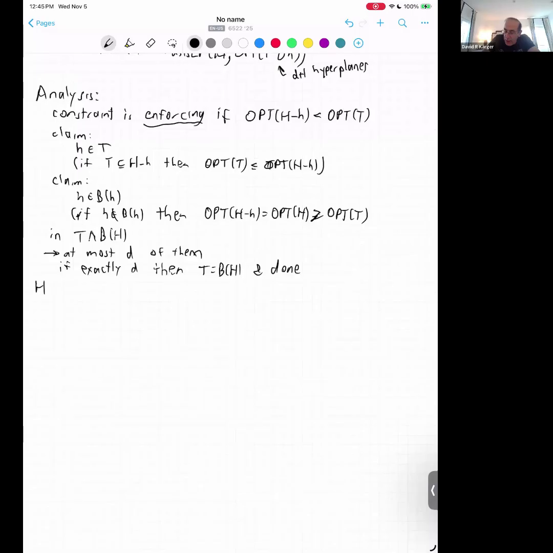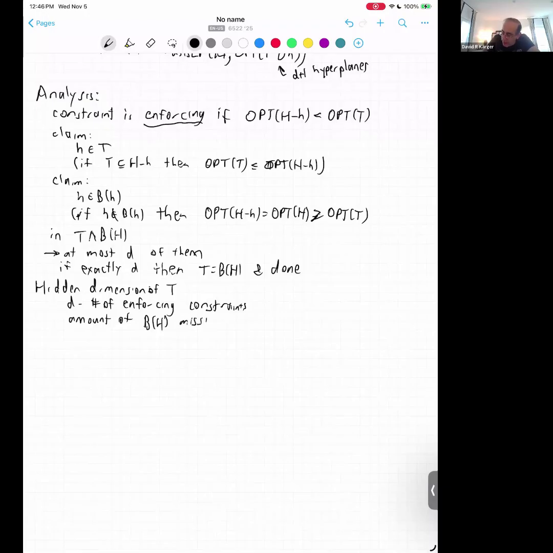We now define the hidden dimension of T. It's just equal to D minus the number of enforcing constraints. Which basically means it's the amount of B of H missing from T. Okay?